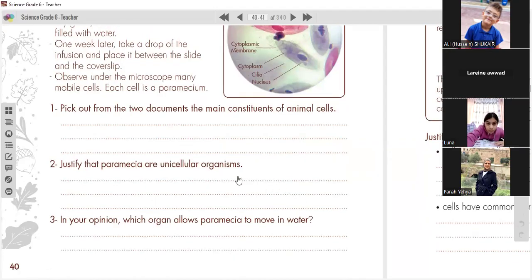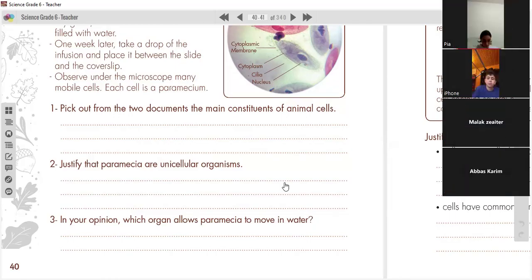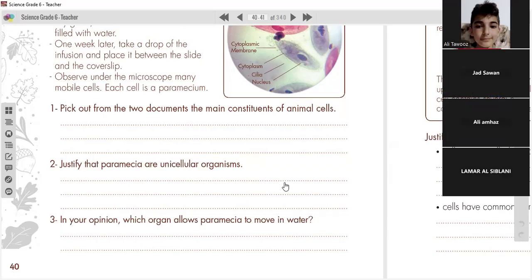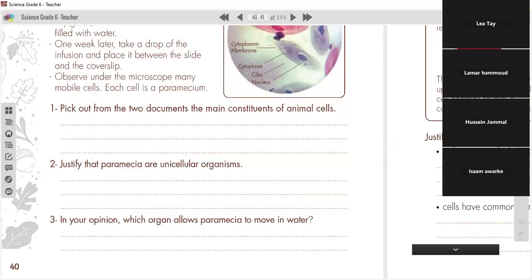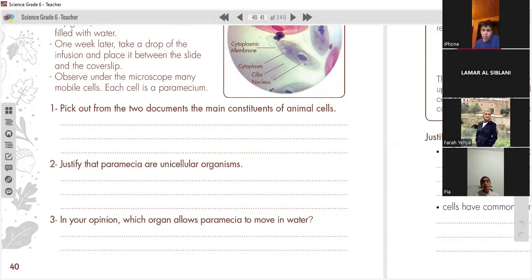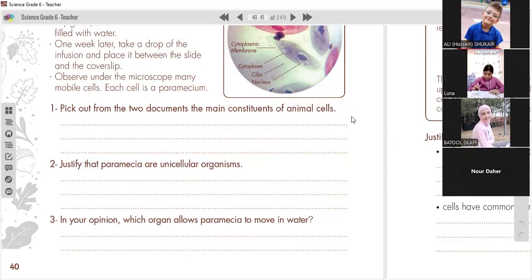So, in number 2, who wants to say number 2? Emma, do you want to do number 2? Miss, she said in the comment that she can't hear you.